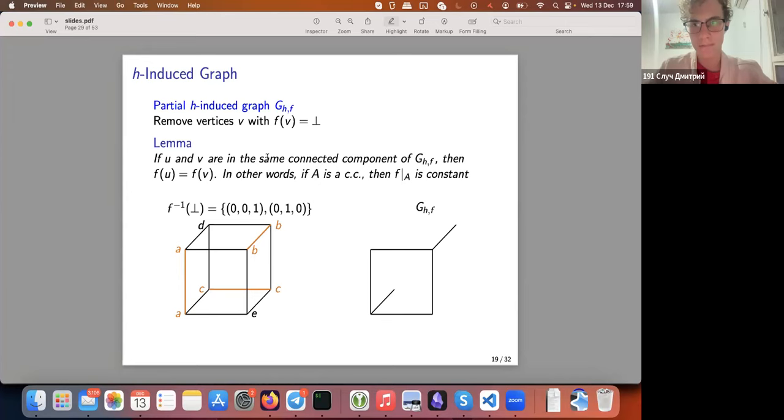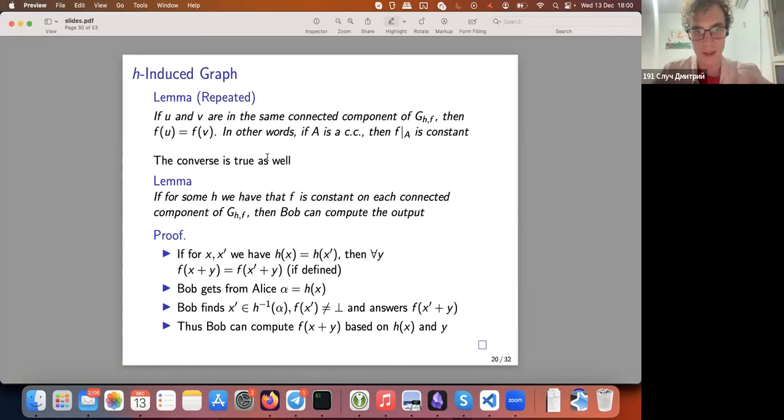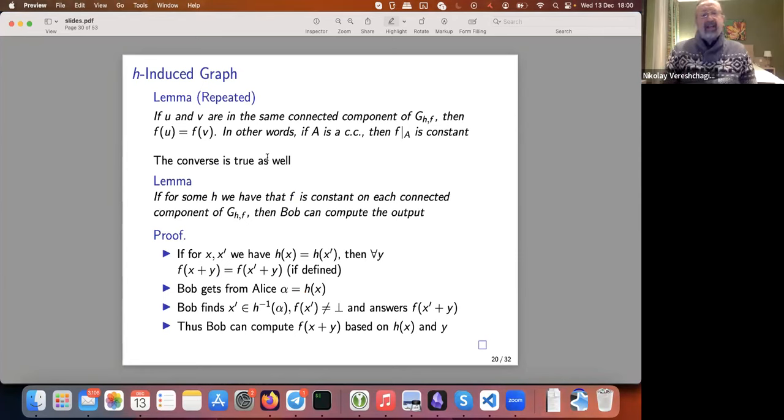I understand the problem. Sorry. One-way communication complexity is small if there is a function h. In the direct direction, we get h from the communication protocol. In the converse direction, we say that if there exists some h, then the combinatorial characteristic is as follows.